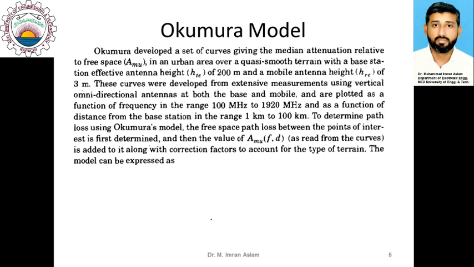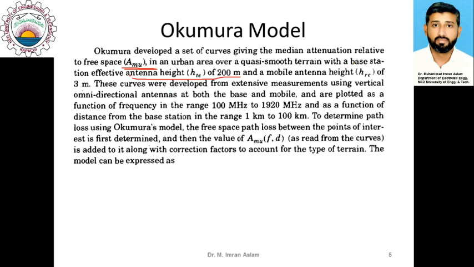So what Okumura did, Okumura developed a set of curves which were giving a median attenuation relative to the free space. In the formula, it's written as AMU. So how much attenuation is there in addition to the free space attenuation? Okumura developed some curves and formulas in order to calculate that, and for that AMU calculation, they set the base station height at 200 meters.